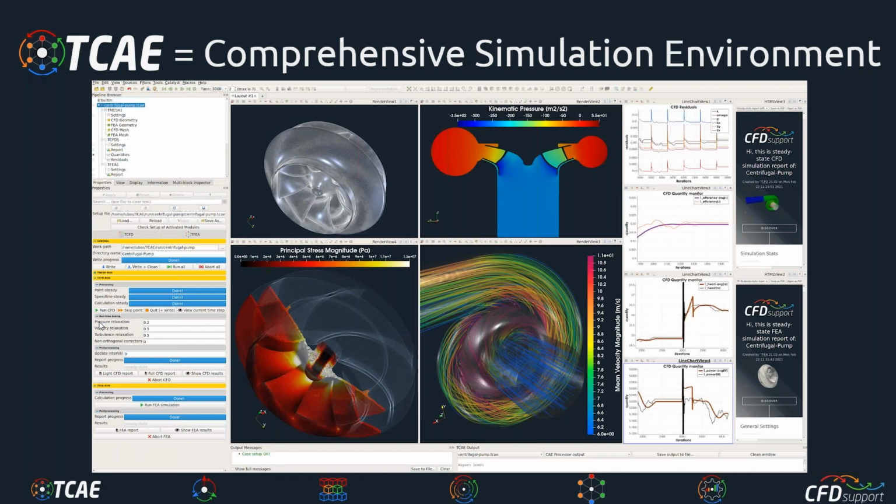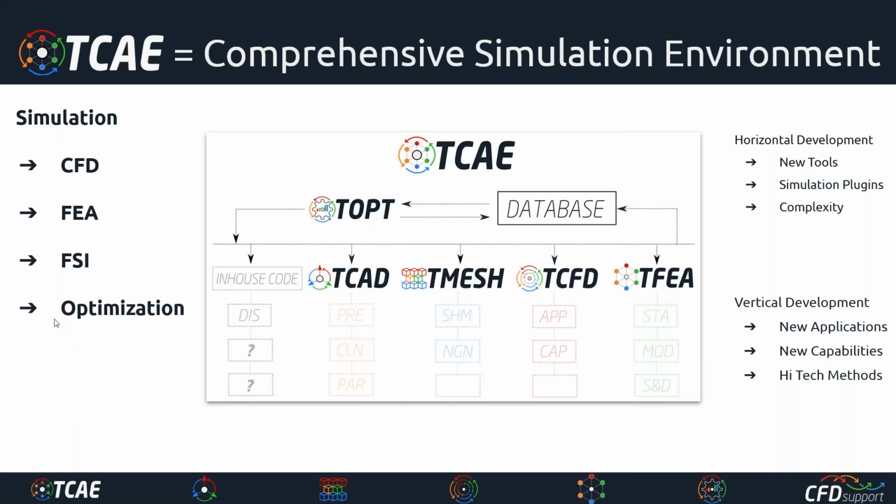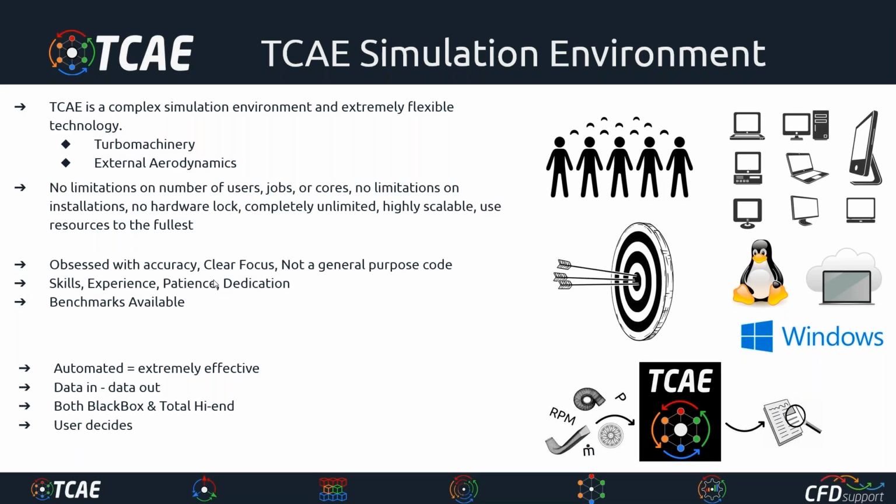There's the simulation environment called TCAE we develop, and from the latest release in September 2021, it's capable of optimization, and we would like to show you how to join it or connect it with CFturbo.